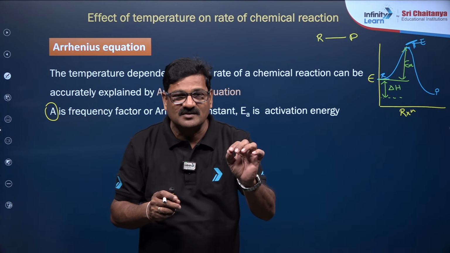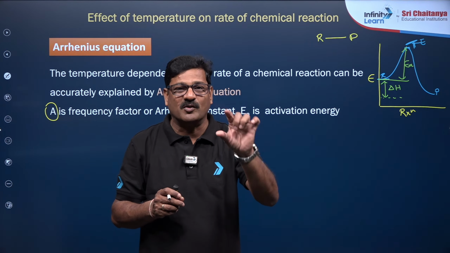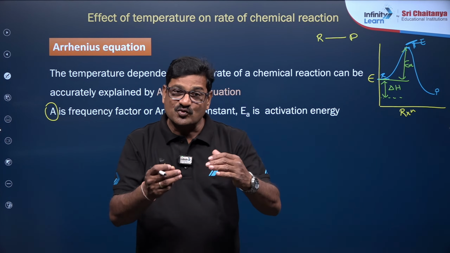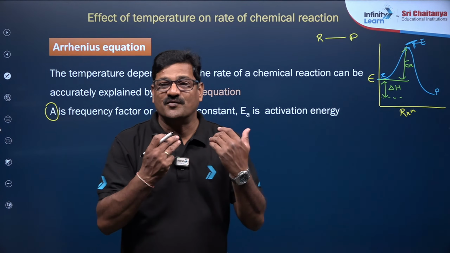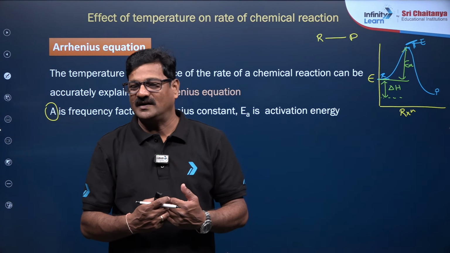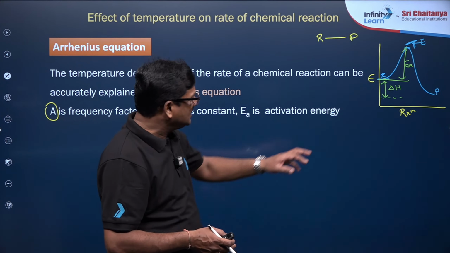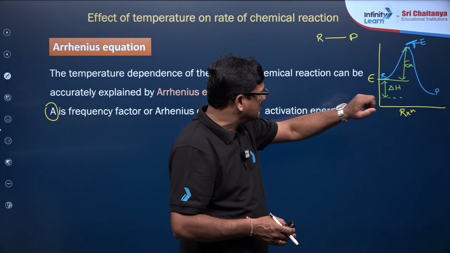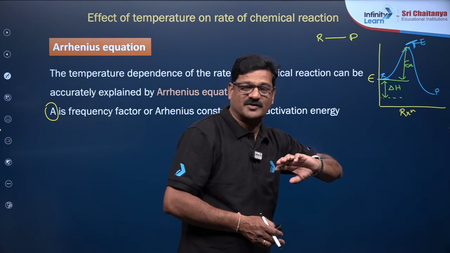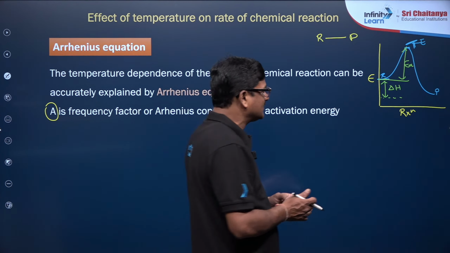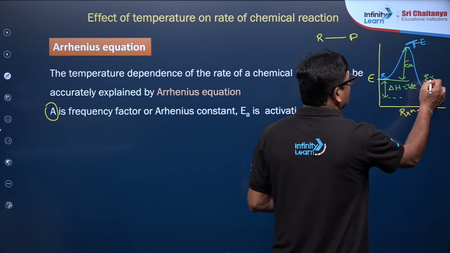The reaction which has less activation energy is going to proceed faster. This amount of energy is lost by the reactant to transform into the product. This is called an exothermic reaction, so that enthalpy is going to be negative.